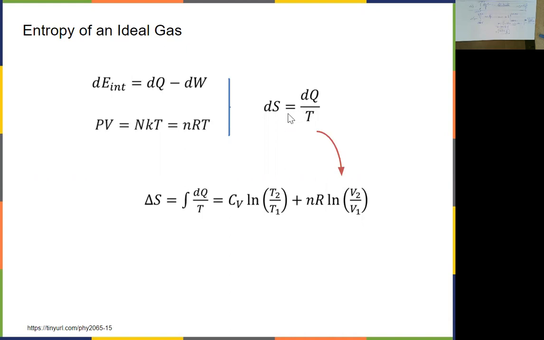Then you can write delta S as the integration of dS, which is integration of that. So dQ over T comes from two parts. One part is from that one. Do I have one more slice here? Actually not.